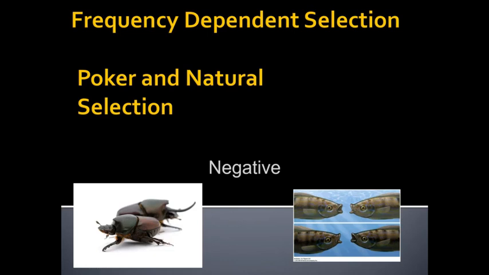Now, is being a sneaker male a successful strategy? And the answer is yes, up to a certain point. Because at the beginning, when this trait first evolved, those first males did really, really well. There were lots of big wild type or the initial type males guarding the dung. They had lots of places they could go and work their strategy, and it was very successful.